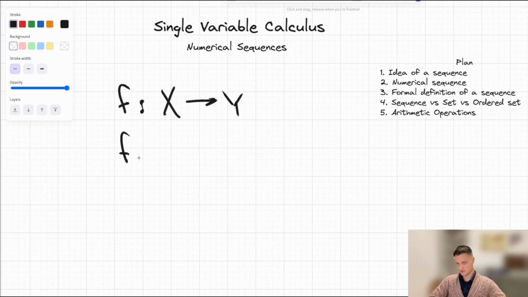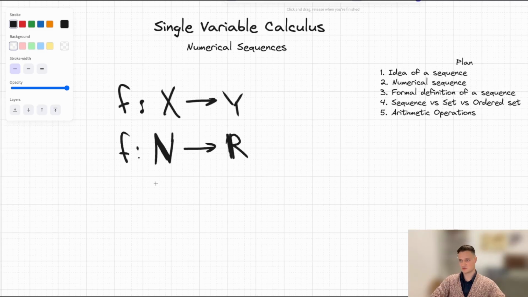So a sequence is a mapping, or a function, which maps values from the natural numbers, denoted as n with this bold diagonal line, to a set of real numbers, which are denoted as r with this bold vertical line. So this is the formal definition of a sequence: a mapping from a natural number to a specific element.